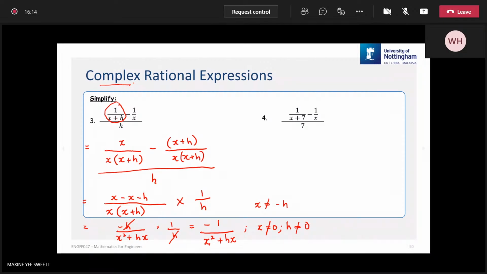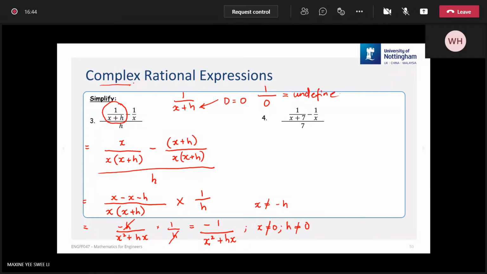Miss Maxine, I don't get why you said x cannot equal negative h. Okay, so if you look at this rational expression 1 over x plus h, if this denominator equals 0, that means we get 1 over 0, so this is undefined.